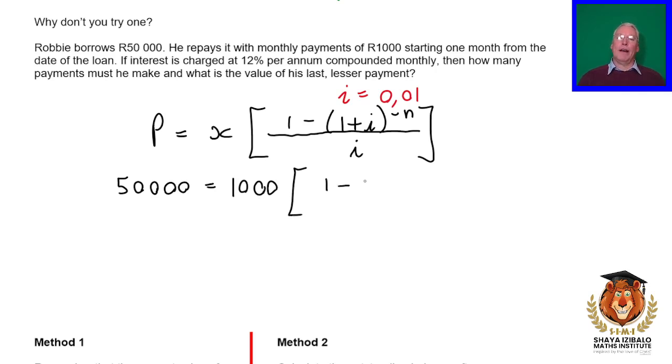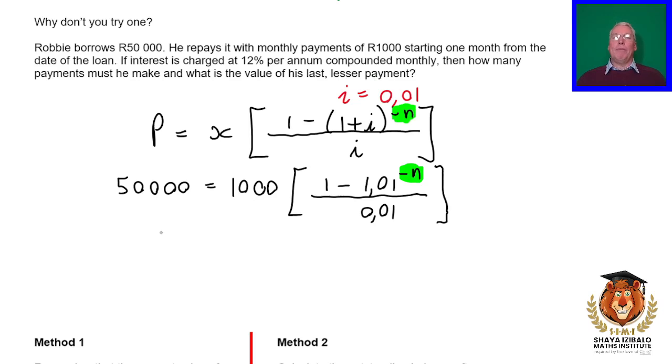And the question is, how many of these payments must he make? We don't know what N is. What we do know, remember, i is 0.01. What we do know is that the variable N is in the exponent. So we are ultimately going to use logs. But let's see what we need to do first.